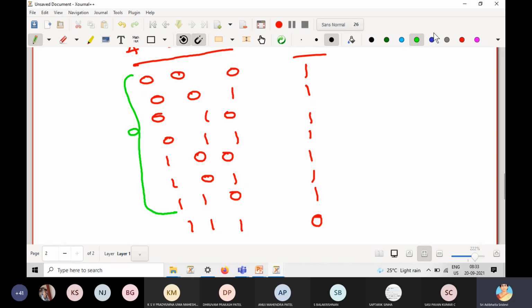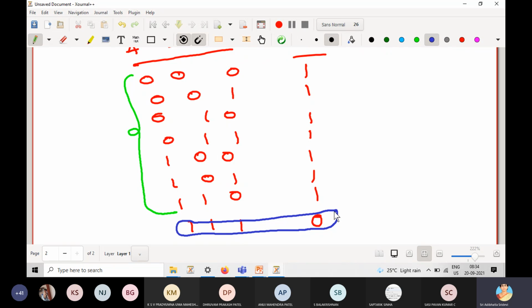And there is only one input that can make the output fall. So for a NAND gate, we have only one input combination that can make the falling output, and we have 7 different input combinations that can make the output rise.